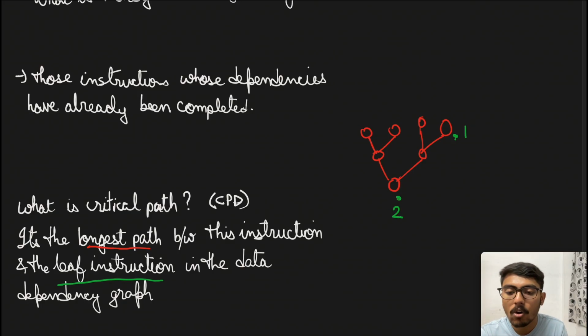Although it might seem that this is an inverted tree if you come from a computer science background, I would say that this is the leaf. Just to remember this, this is the leaf of the data dependency graph, and this is the starting point. So I hope critical path distance is clear right now.